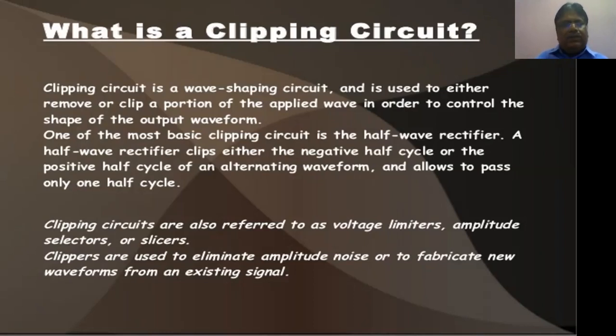Let us see. A clipping circuit is a wave shaping circuit and is used to either remove or clip a portion of the applied wave in order to control the shape of the output waveform.